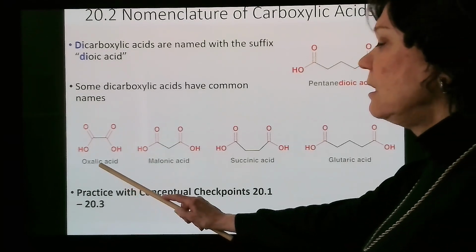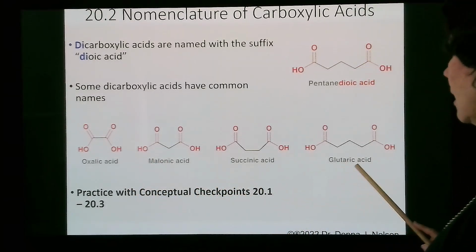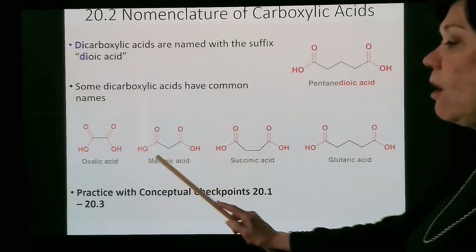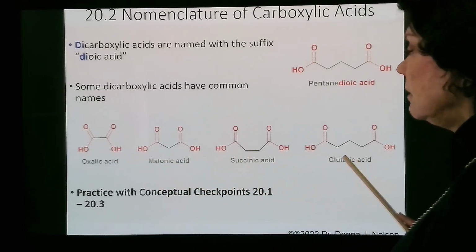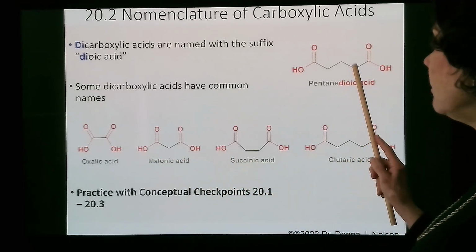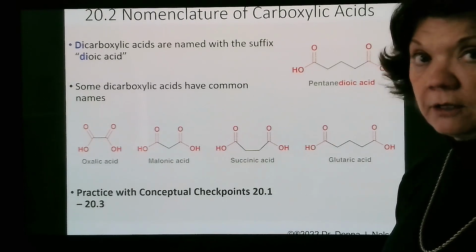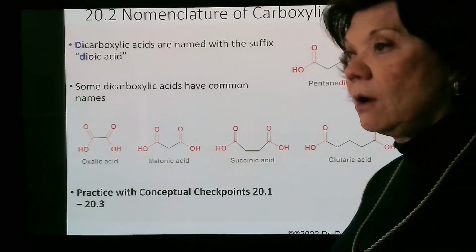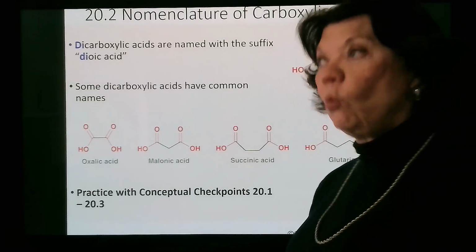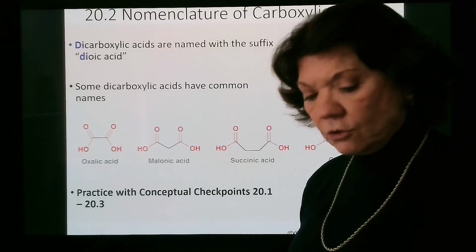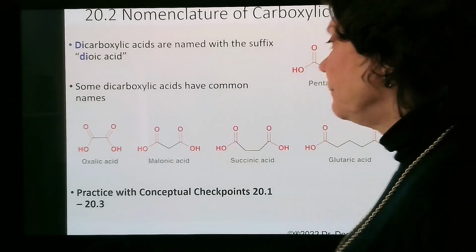I don't know that it is required or necessary for you to memorize the common names for all of these acids. It is much more important for you to learn the IUPAC nomenclature. You're more likely to see that, and also the chemical community generally is trying to switch over to IUPAC nomenclature.